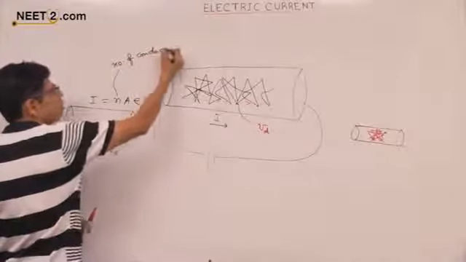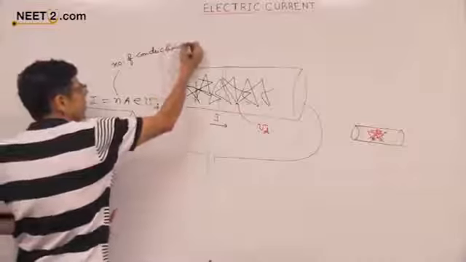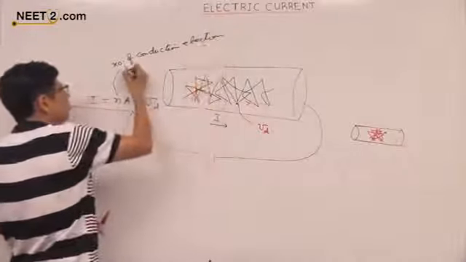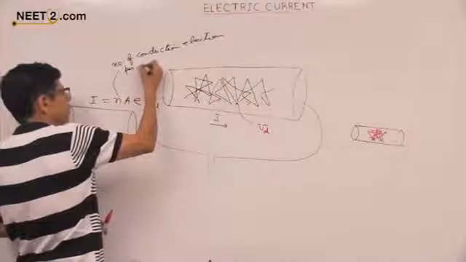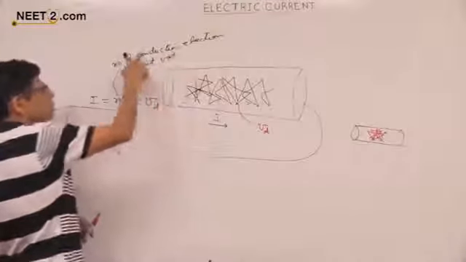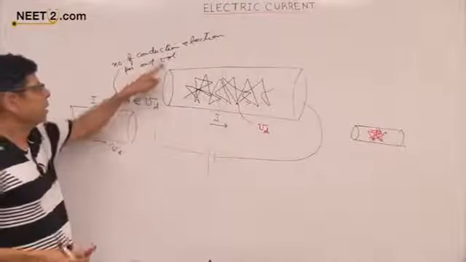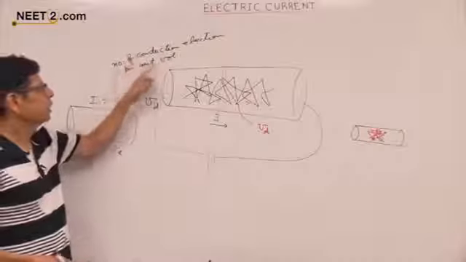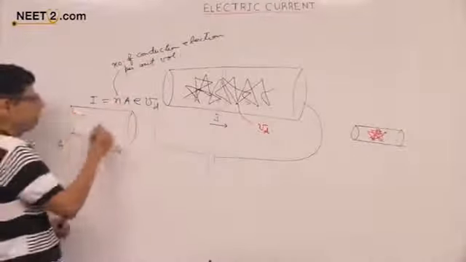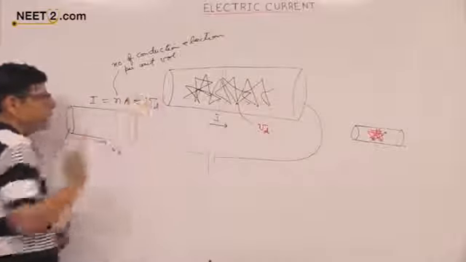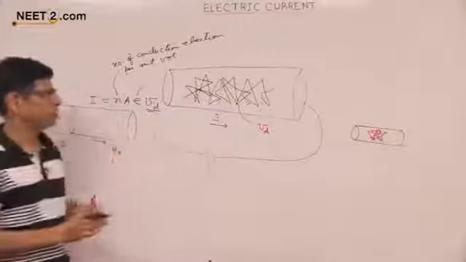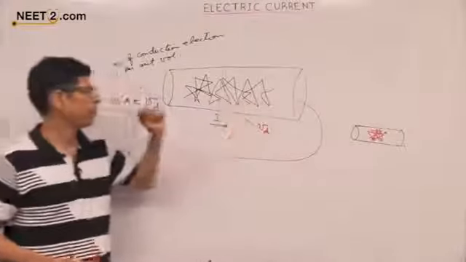electrons per unit volume, also known as number density of conduction electrons. A is the area of cross section, e is the magnitude of charge on the electron, and Vd is the drift velocity, this one with which they are moving.